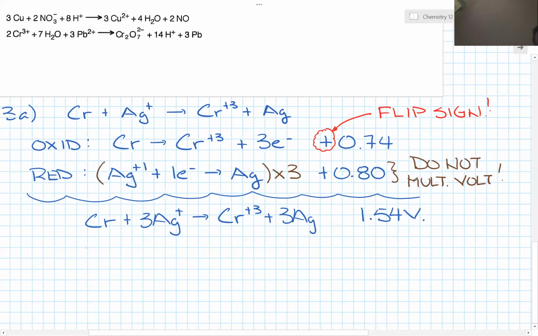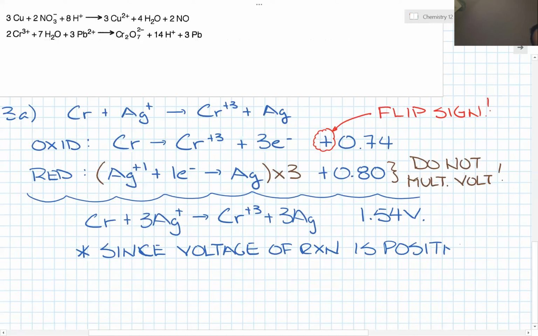Now, here's the thing. Since the voltage of the reaction is positive, therefore the reaction is spontaneous. Now, a couple of things.